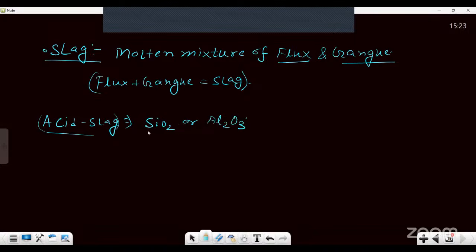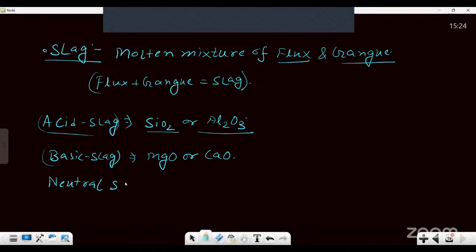So then I call it acid slag. Basic slag will mainly contain MgO or CaO. And neutral slag is a balanced slag.